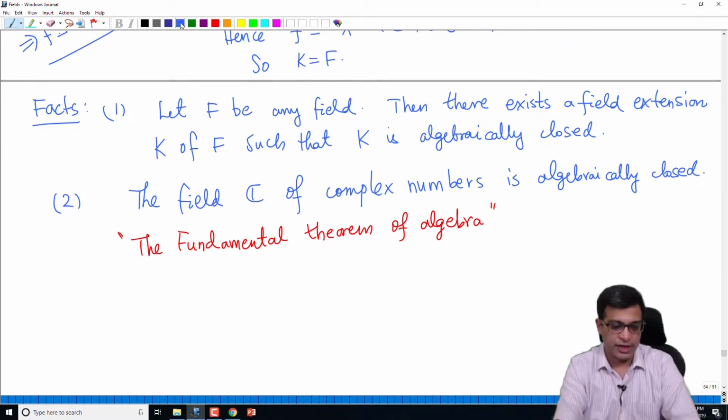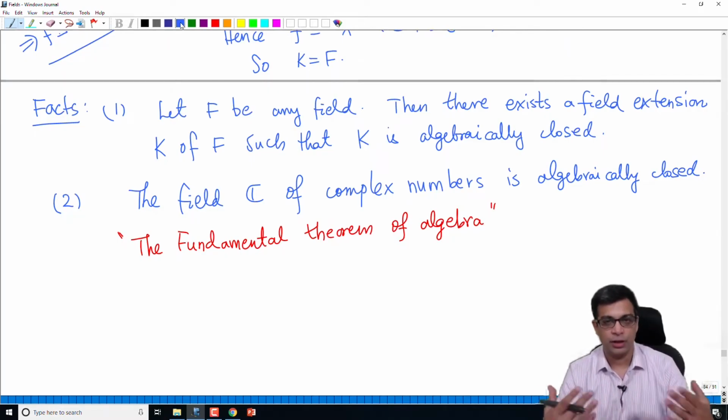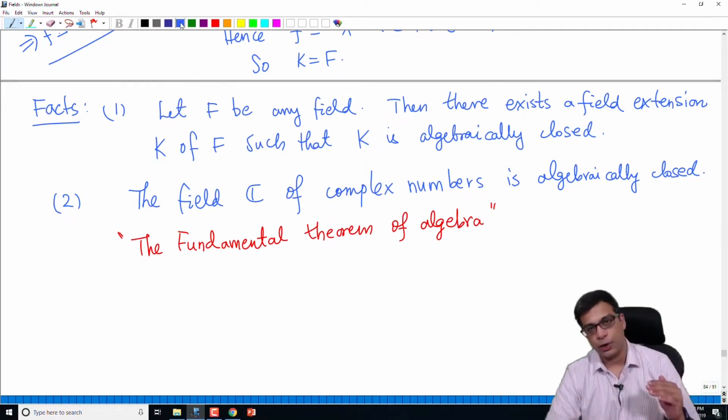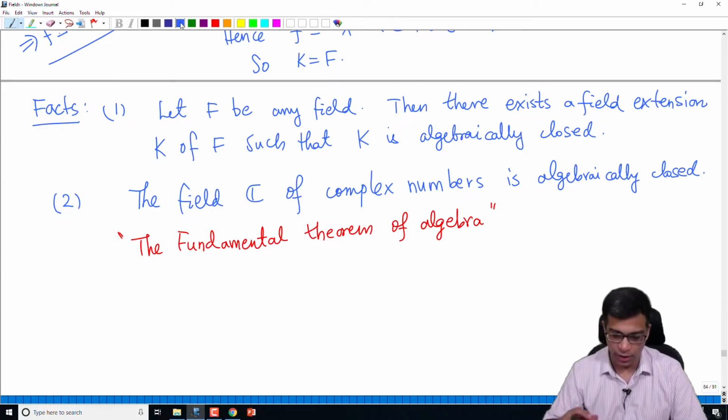That means the statement 1 that I wrote here is automatically true for any subfield of C, which includes some of the most important fields that we studied in this course. So Q, R, Q adjoin root 2, all these fields are contained in an algebraically closed field. But you can do better than C for many of them, and that's called algebraic closure. There is a sort of minimal way of constructing an algebraically closed field containing a given field. But let me not get into that.